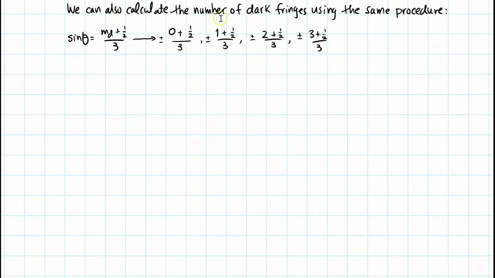We can also calculate the number of dark fringes using the same procedure. So sine of theta is equal to (m_d plus 1/2) divided by 3. If I follow the sequence for m_d, I have 0, 1, 2, 3, but they're symmetric, so there's always plus and minus signs. And what you're seeing here is this one violates it, since this sets sine of theta greater than 1, which then tells us that m_d is equal to 2.